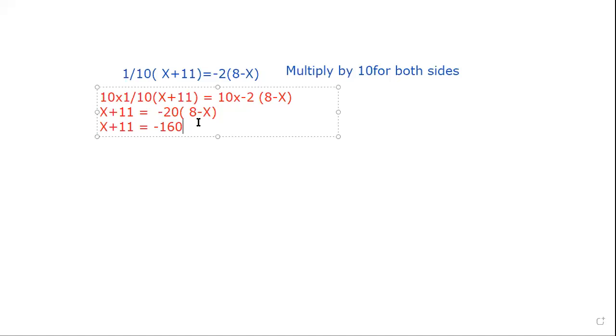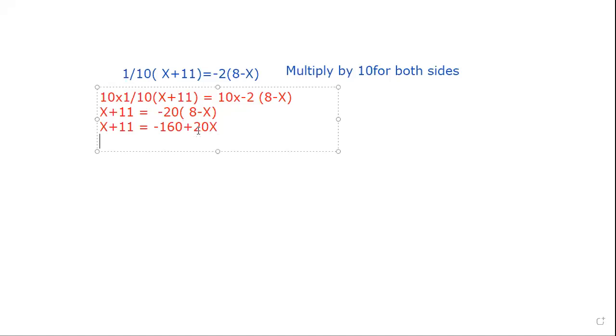Minus, or we will multiply? Multiply. Any parentheses, we will distribute it by multiplication. Then negative 20 multiplied by 8 equal negative 160. Negative 20 multiply negative x will be positive 20x.